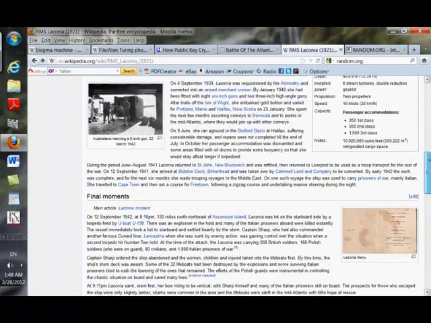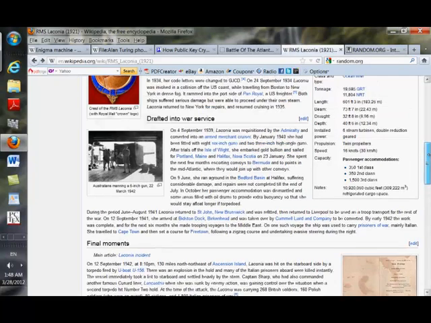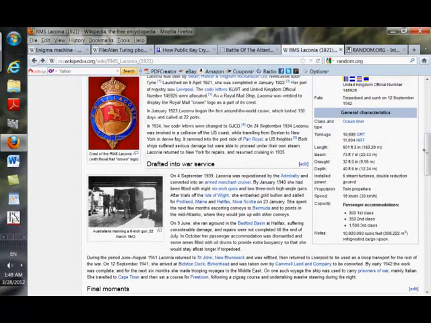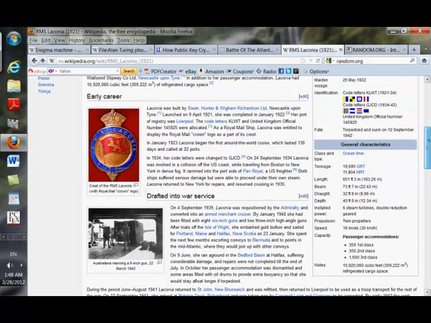Well, after that, there was the Laconia incident. That was the Laconia incident that led to a complete reconsidering of the policy by Karl Dönitz.